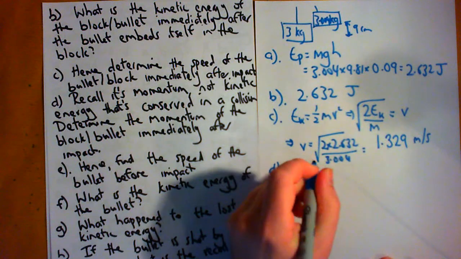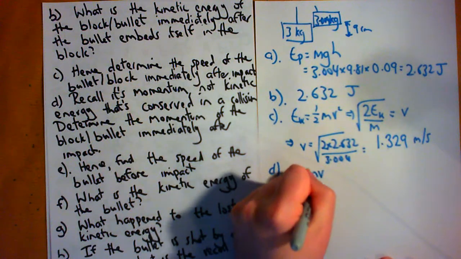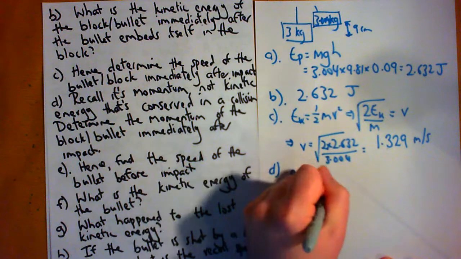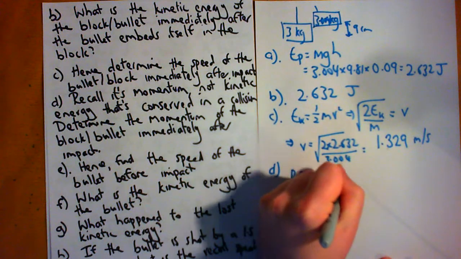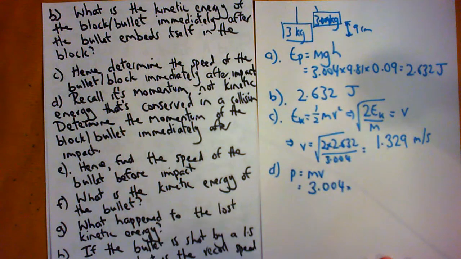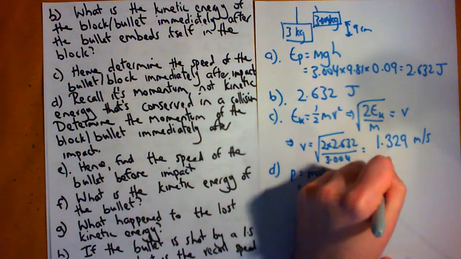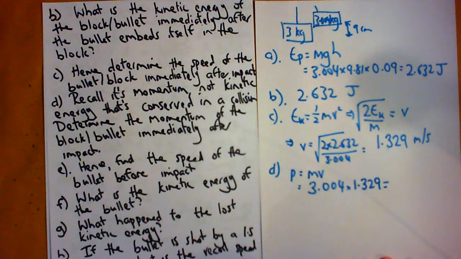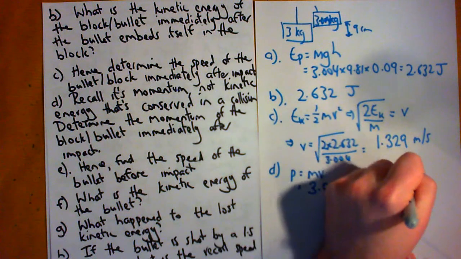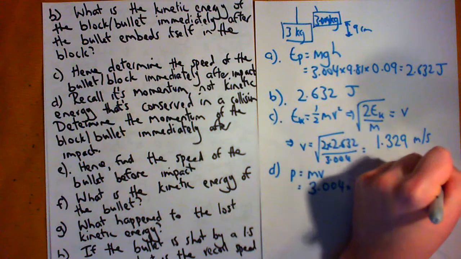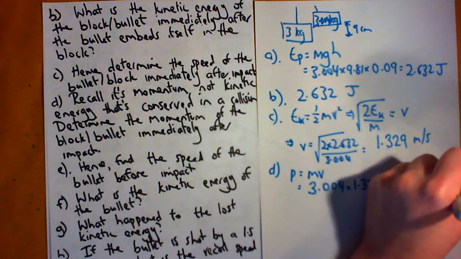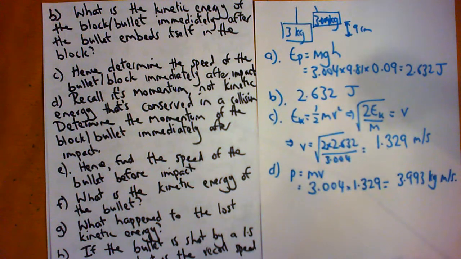The mass is, we're talking about the whole block bullet combination, which is 3.004 multiplied by the velocity we just found, 1.329, and if we calculate that, we get 3.993 kilogram meters per second.